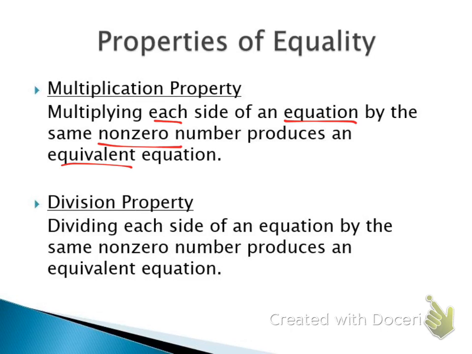The division property of equality, dividing each side of an equation by a non-zero number, produces an equivalent equation. This time we had to put the non-zero part in because you cannot divide by 0. Doesn't work, messes everything up. So that is why it's included in that property.